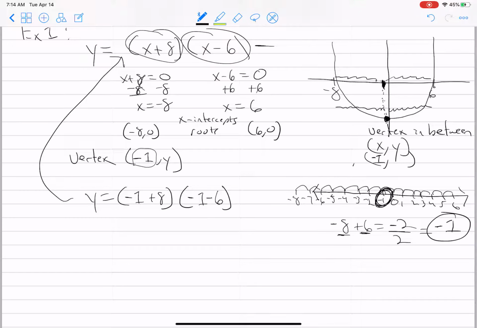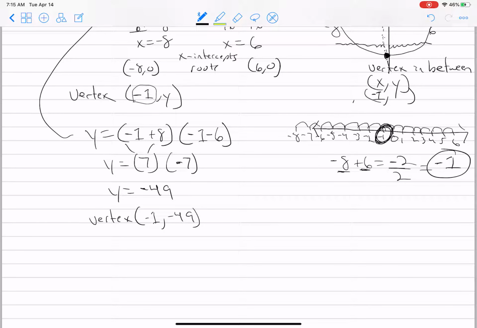And now I'm going to solve this. -1 plus 8 is 7. -1 minus 6 is -7. And 7 times -7 is -49. So now I just figured out my vertex is actually -1, -49.